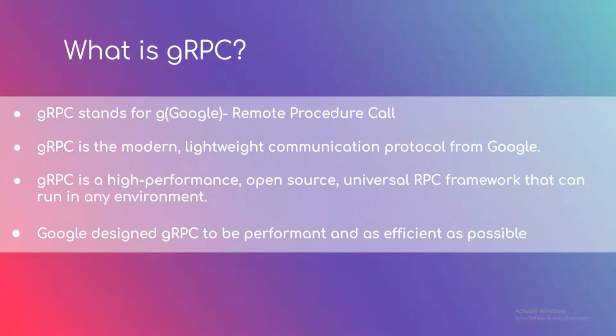gRPC is open source. First of all, gRPC stands for Google Remote Procedure Call, because it was developed by Google for internal use, and gRPC is a robust open source framework used to build scalable and fast APIs. It allows the client and server applications to communicate transparently and develop connected systems.